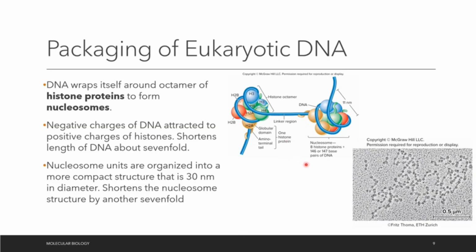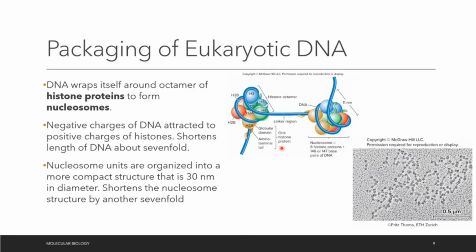There's also a histone H1 protein, which is outside of the loops. Okay, this is there to sort of stabilize the nucleosome structure. So this entire structure of the linear DNA wound around the 8 histone proteins is called a nucleosome. Okay.